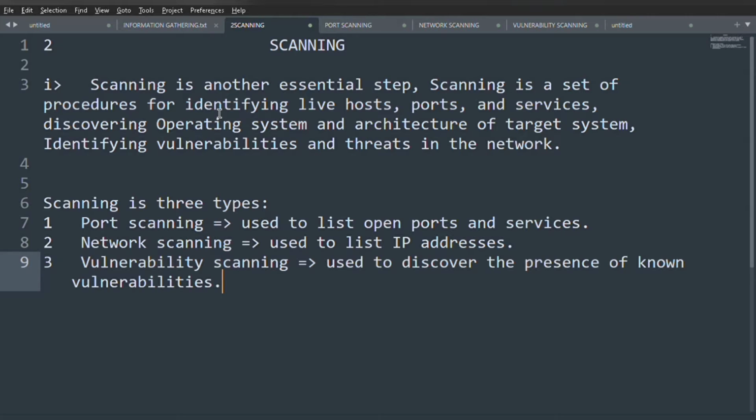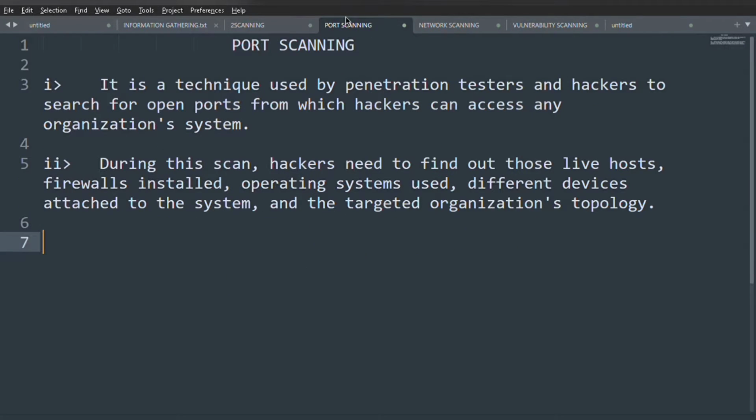Getting into detail about port scanning, it is a technique used by penetration testers and hackers to search for open ports from which a hacker can access any organization's system. During this scan, hackers need to find out live hosts, firewalls installed, operating systems used, different devices attached to the system, and the targeted organization's topology.